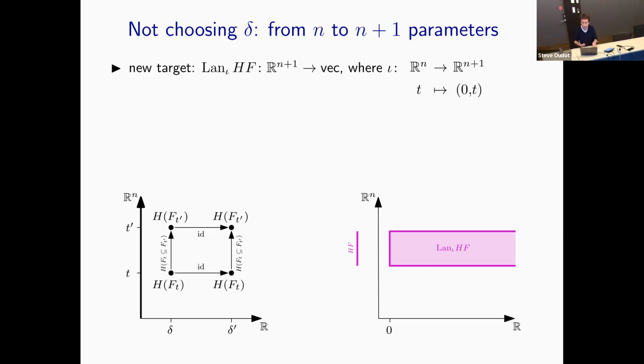It's not parameterized by R^(n+1). So a natural idea is to take your target, put it on the vertical hyperplane sitting at 0, and then extend it via isomorphisms, via identity maps, horizontally in the direction of the first axis. So basically, you're duplicating your target in every vertical slice, and then you're connecting these slices with identity maps.